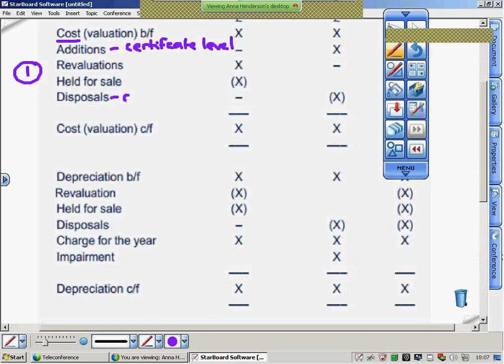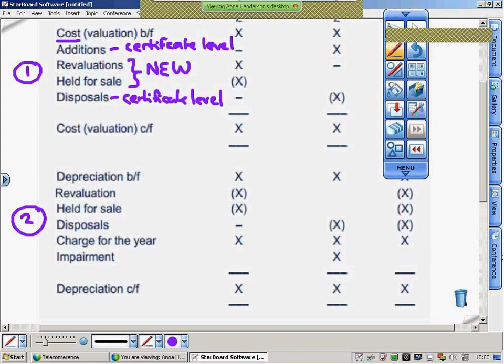We were able to add assets in and calculate, using the disposals account, the disposal gain or loss, and look at where it fitted into the full calculation. What is new at FAR is the idea of revaluations and held for sale, and that's what we're going to have a look at in a little bit more detail shortly with a question, so that we can emphasise the aspects that you maybe are a little bit more uncertain of at the moment. So hopefully we'll clear some questions on that up for you.